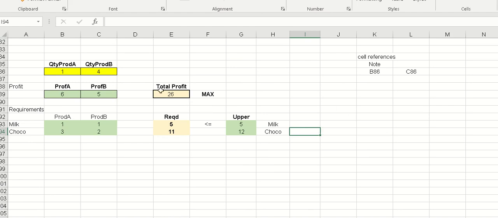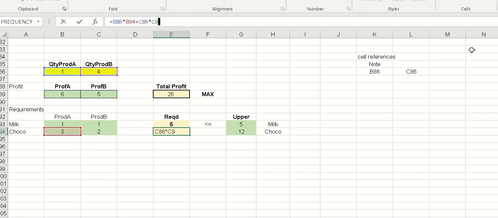Before we move on, let me just review with you. This is B89, and this is like this. Look at the equation. I'd like to introduce to you one method of writing this.